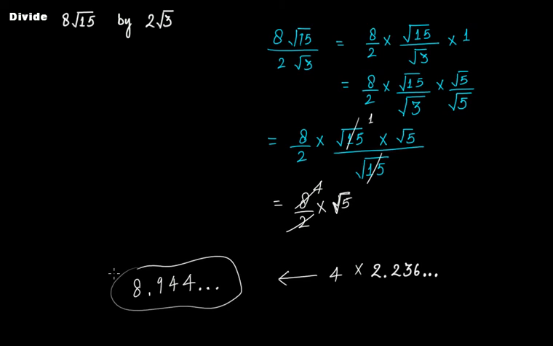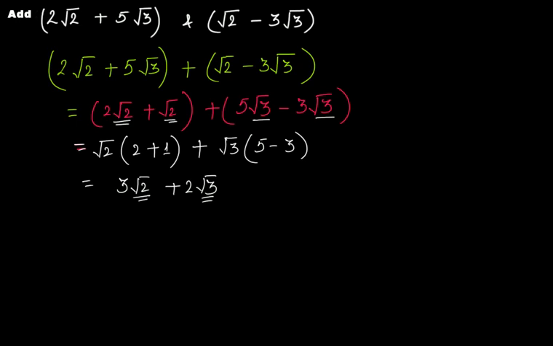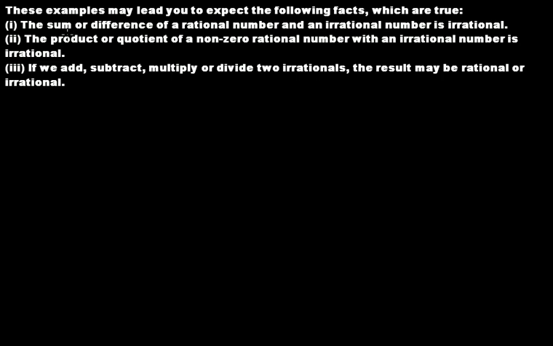Okay, so what's the point? The point is, if you check all the problems that we have solved here, in all these examples that we have discussed, what you will find is that the sum or difference of a rational number and an irrational number is irrational.